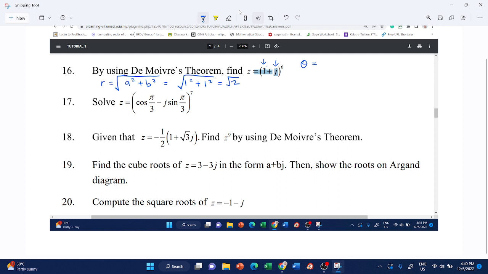By plotting the point, maybe. Or we have to use the 180 degrees. No, there is a formula to find theta. This morning's class, can you recall that?